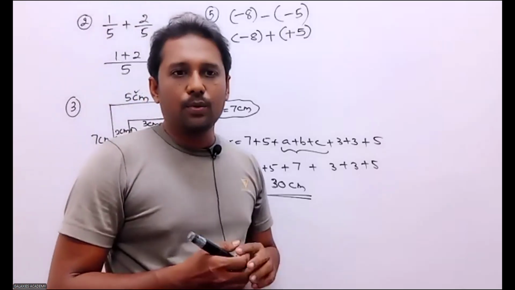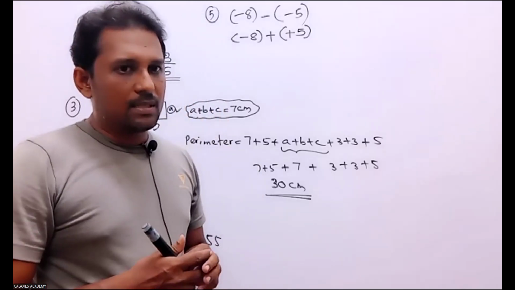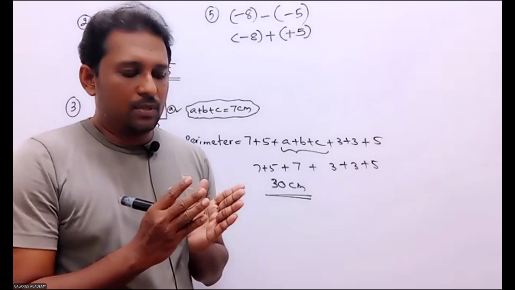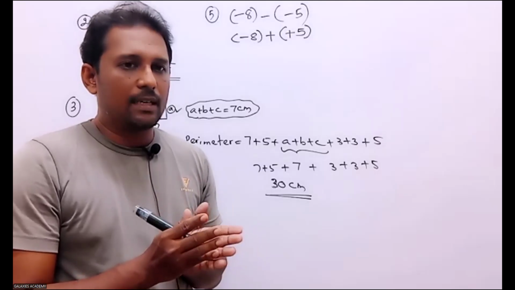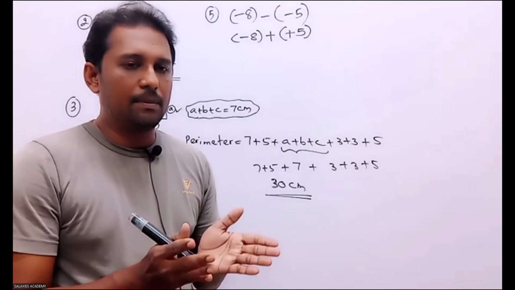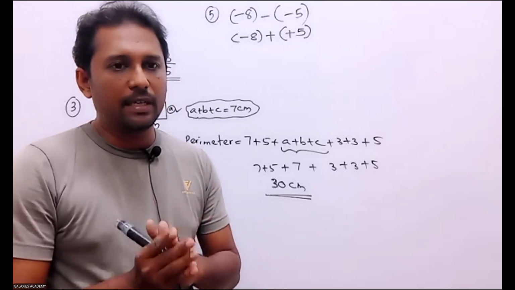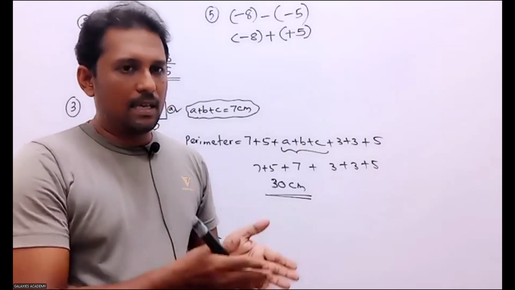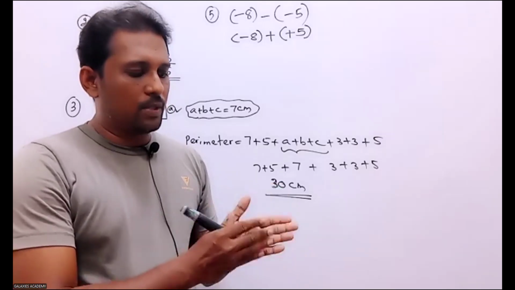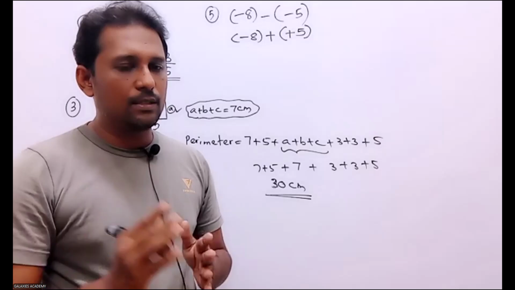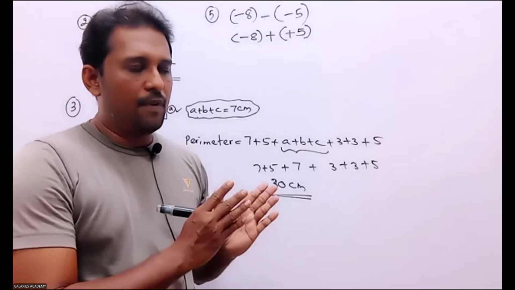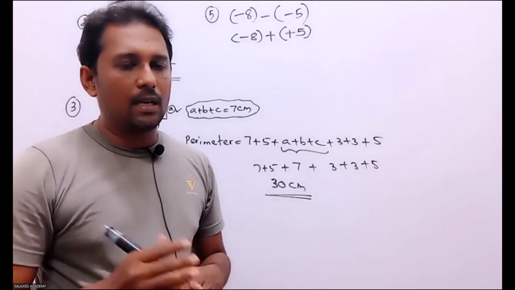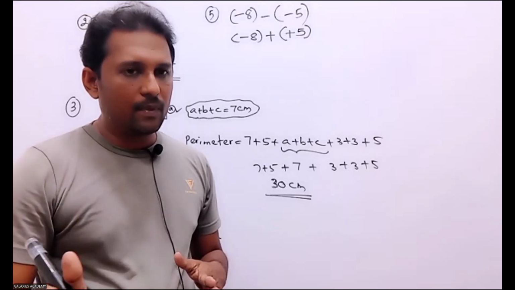Also, you know how you can add two directed numbers. If the two directed number signs are equal, that means positive, positive or negative, negative, the answer sign is the same sign. When you add positive and positive, the answer sign should be positive. When you add negative and negative, the answer sign should be negative.